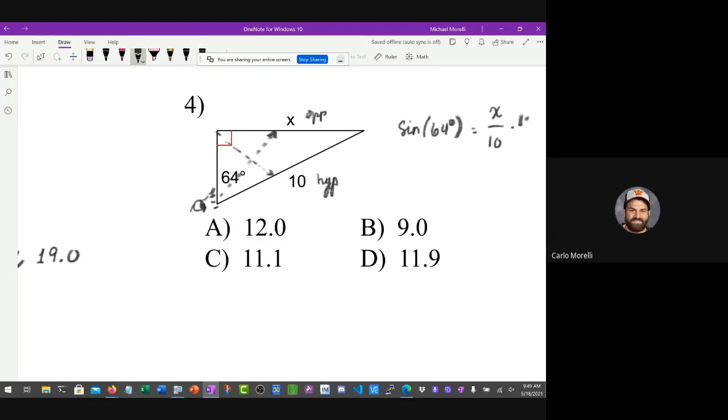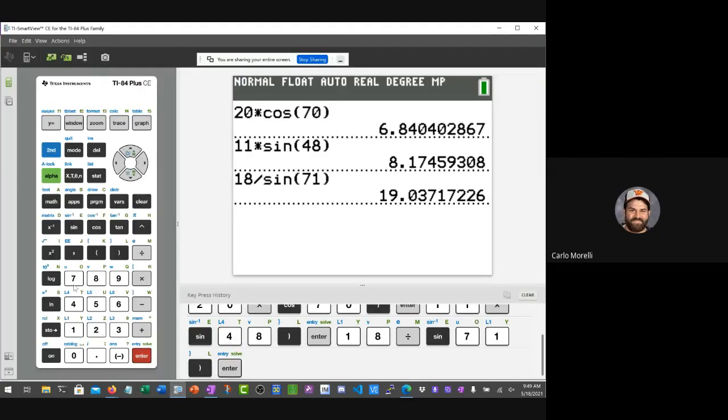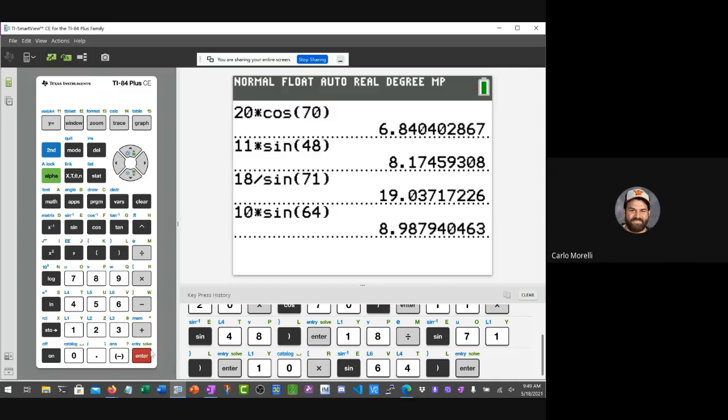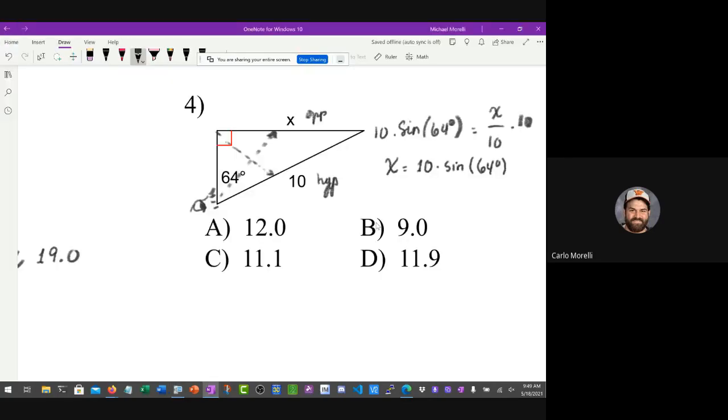We multiply both sides by 10. And so now I have x equals 10 times the sine of 64 degrees. So we go to the calculator and we type 10 times sine 64. We've got it in degree mode. So that's going to be 8.987.